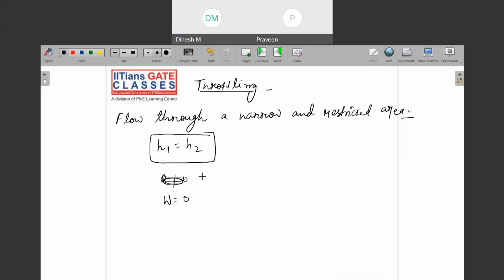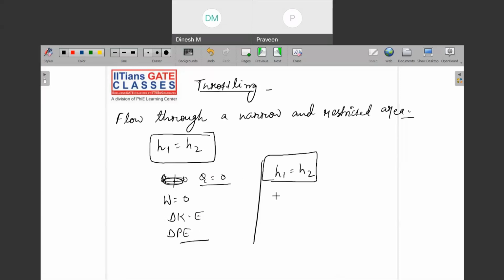It's not that Q is not equal to 0. Q is also 0, there is no heat interaction. If there were heat interaction, this would not be throttling, right? So in the throttling process, Q is 0, W is 0, there is no delta KE, there is no delta PE. Then we are bound to achieve that H1 will be equal to H2.